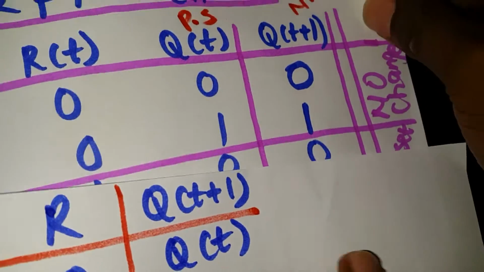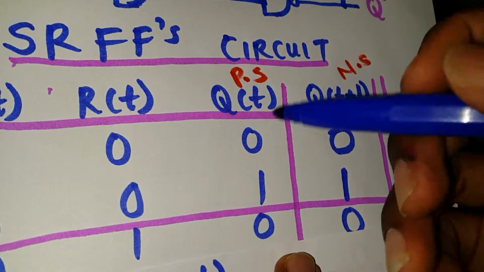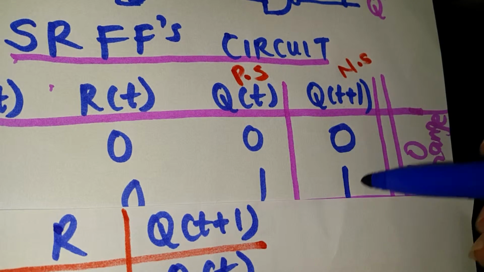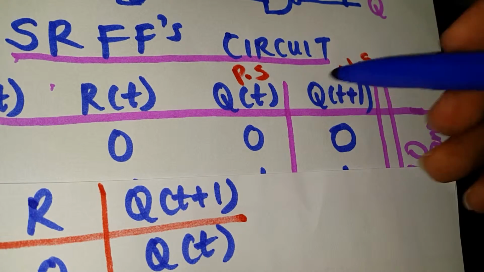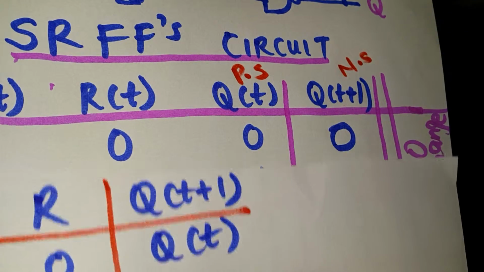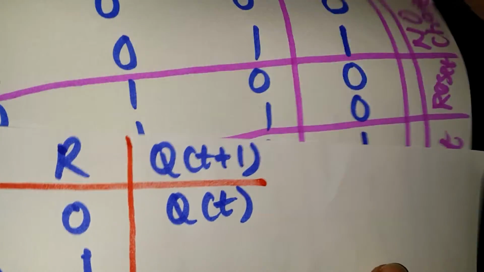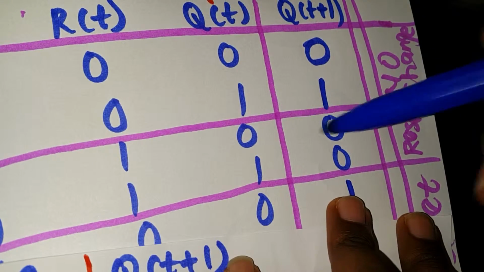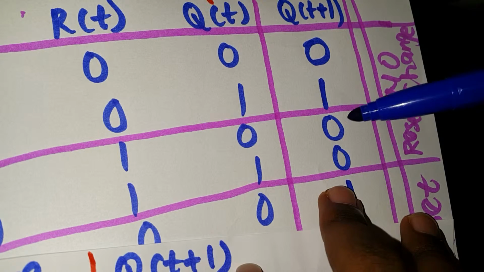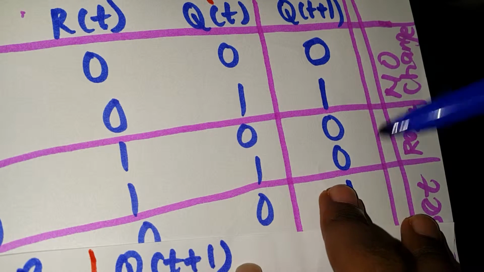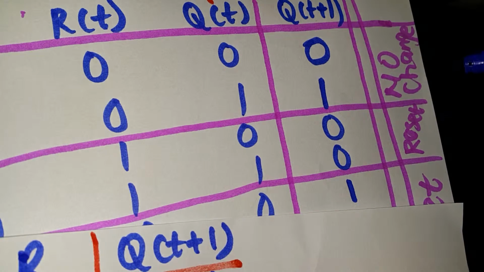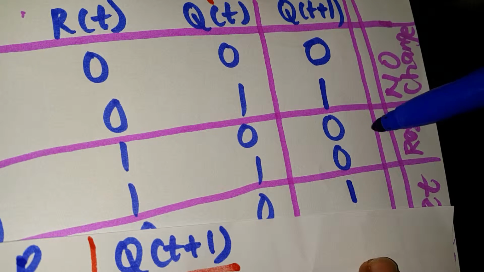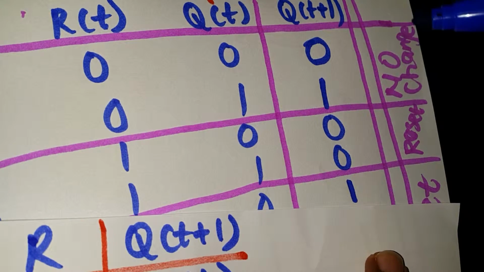As you can see, there's no change in the present and the next state. That's the reason why we are calling this one Q of t. 0 0 1 1, no change. Q of t is equal to Q of t plus 1. So the next block, we have 0 0 1 0. We are resetting here. I told you when I was constructing this table that reset means changing the value to 0.